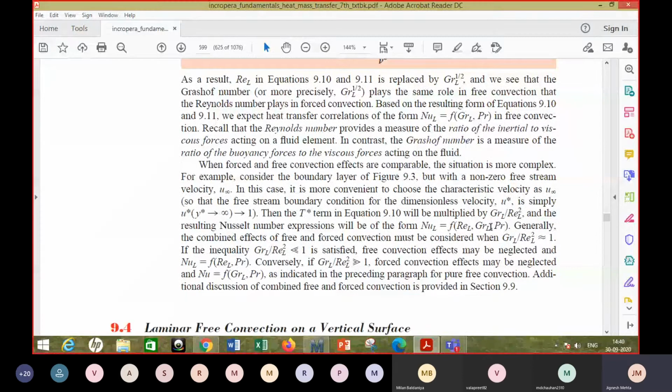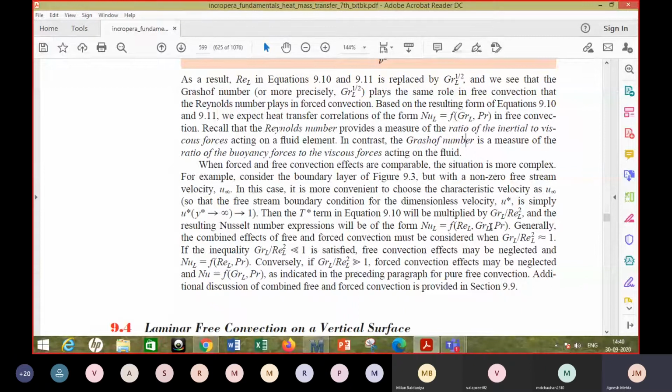Now, in nature, or what happens in reality, you don't have watertight compartments. A particular case may be explained or categorized as free convection or natural convection, and in another case, it may be put into the category of forced convection.